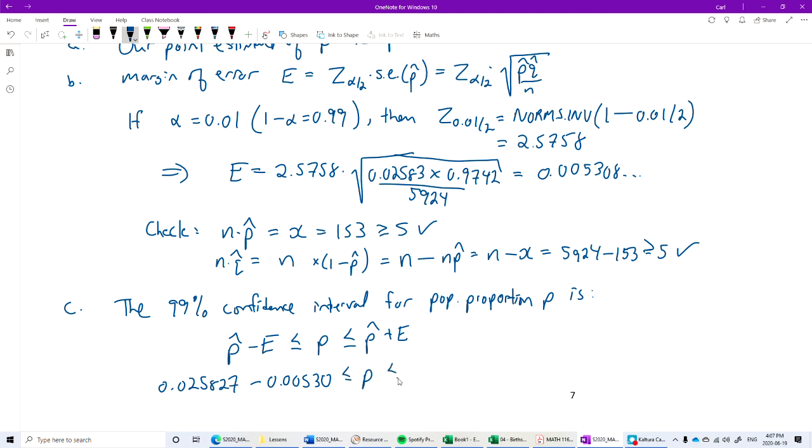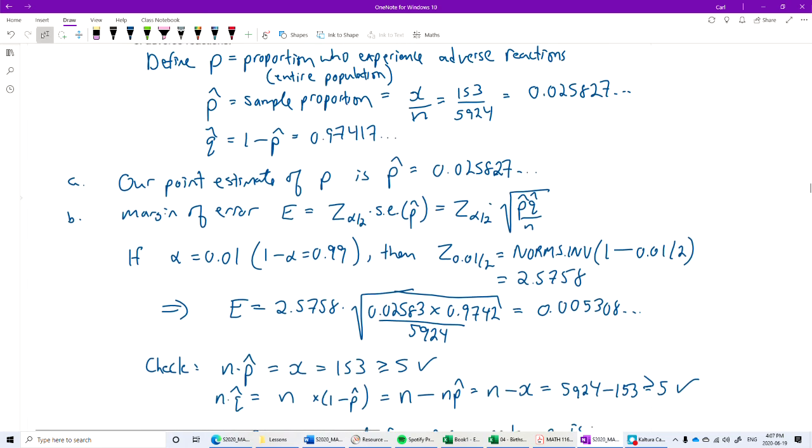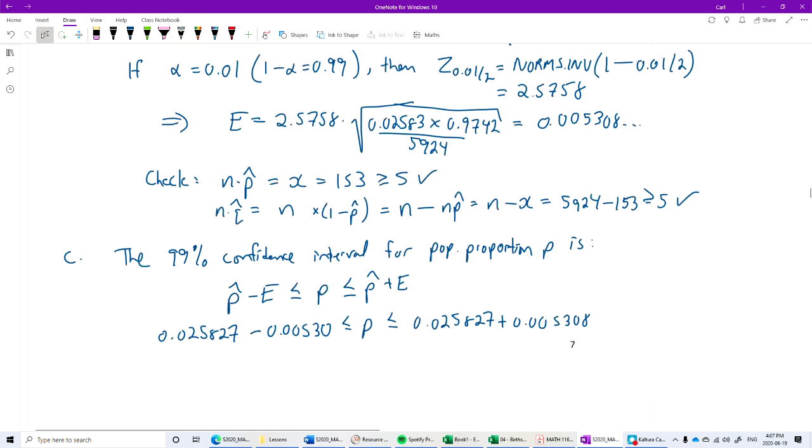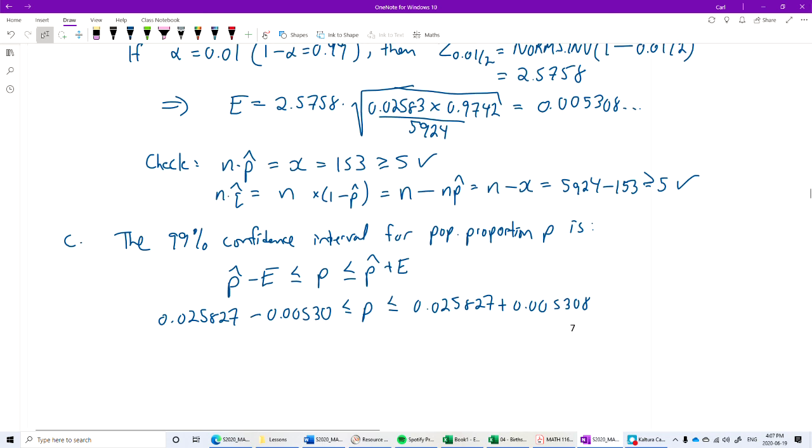And then on the other side, it's 0.025827 plus that number. Okay, and what do I get?